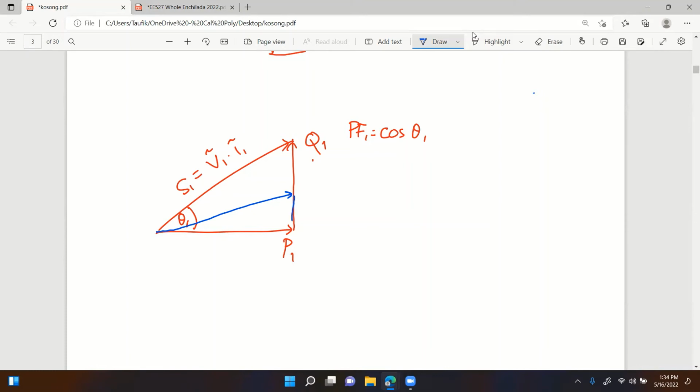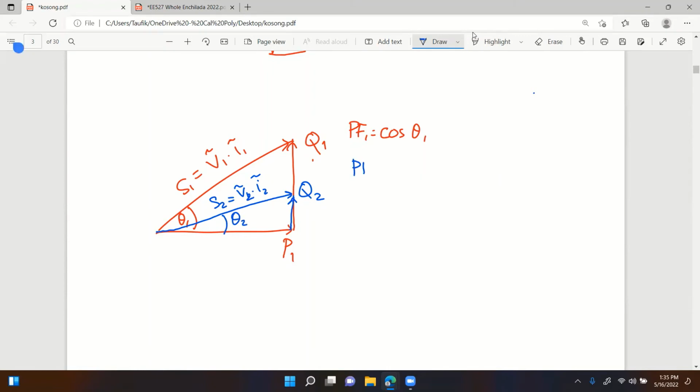If I was able to get less Q for the same power, the same watts, but Q is now less, then that corresponds to our new S2, which is equal to V2 I2 RMS, and theta is going to be theta 2.